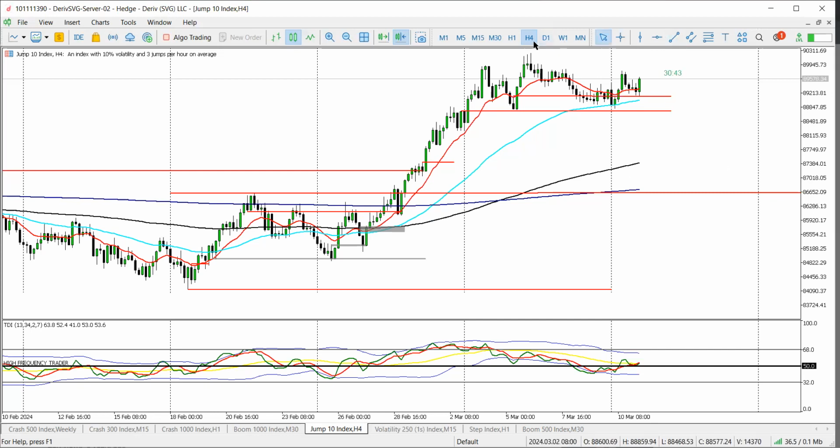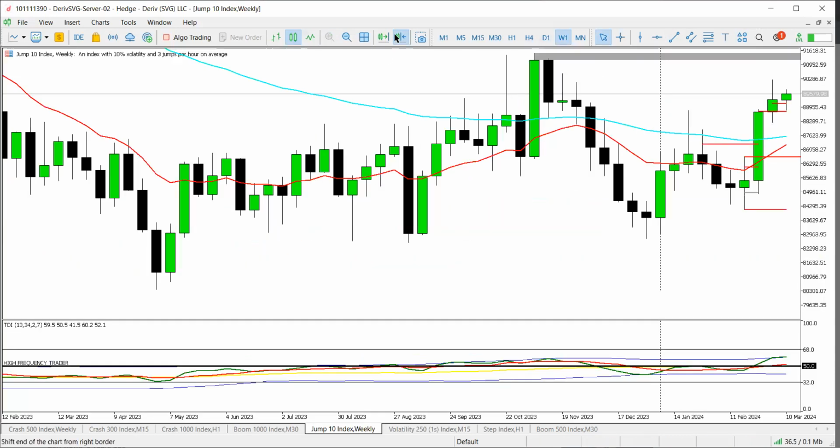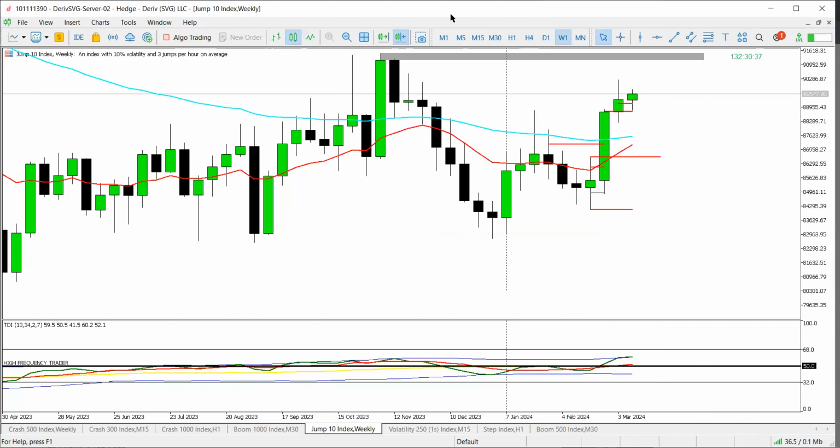Just to get a view of the higher time frame, I just want to check the weekly candles, see where price is going. So price can potentially get to this zone. I think we also spoke about this. But at the same time, this particular candle is usually used to take out liquidity. You see this spike here. So it could be used to take out liquidity here or here.